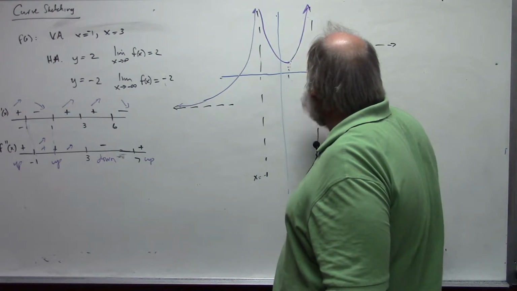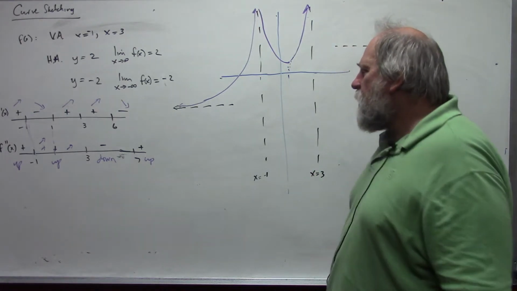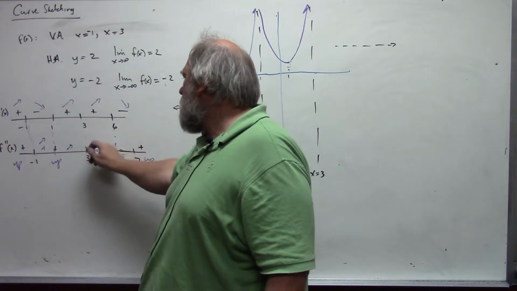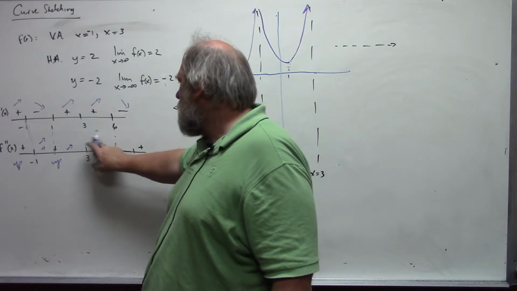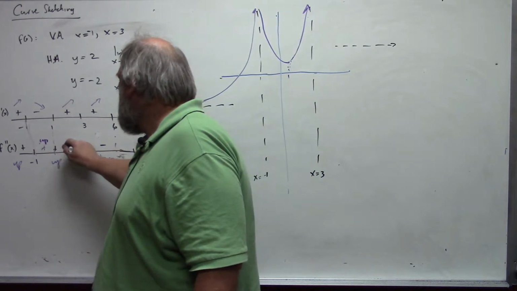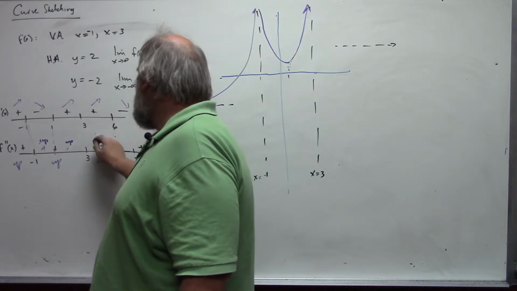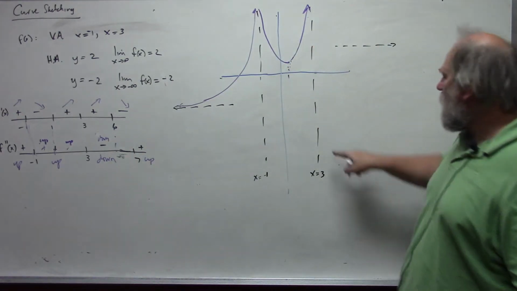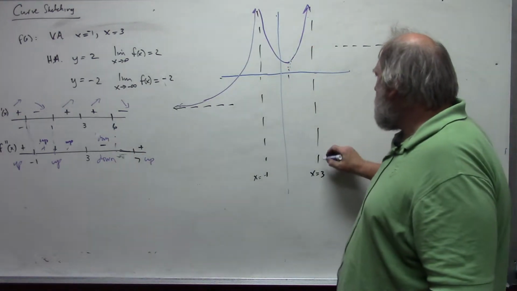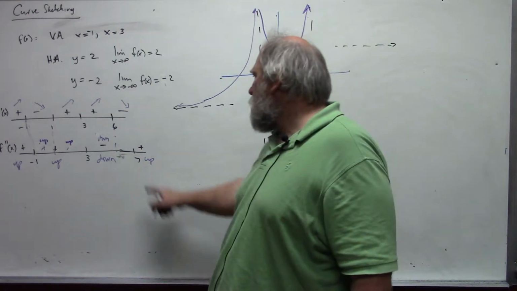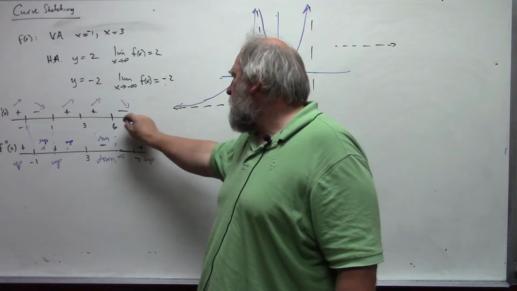This is at 1. From 3 to 6, I am increasing and, oops, this should be down. I'm increasing and down from 3 to 6, and so I've got an asymptote, increasing and down. This changes at 7.